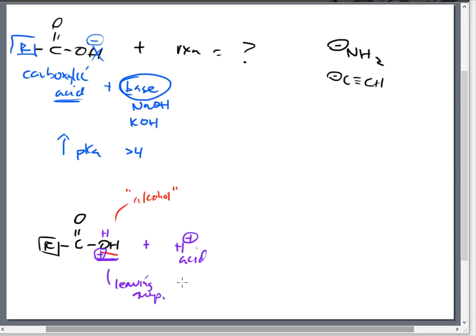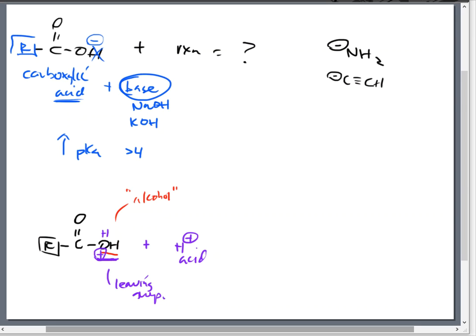And we can do that in this world of carboxylic acids. So if you see a carboxylic acid reaction, and they're adding an acid to that reaction, then all of a sudden, we can actually get this reaction to go forward. So protonation of the alcohol basically comes back. It's that same mechanism and that same template.